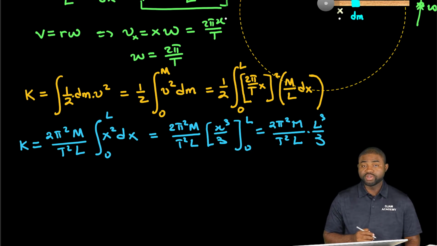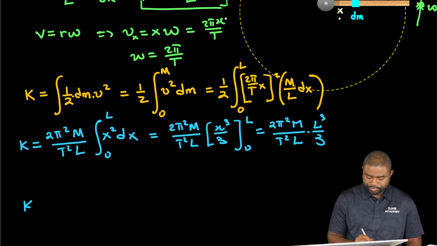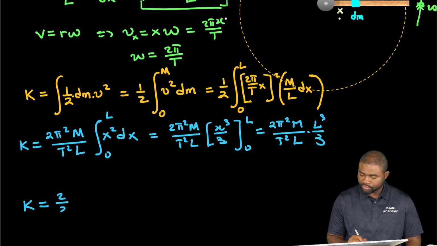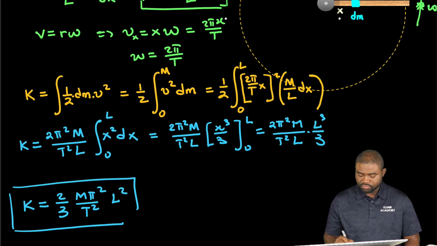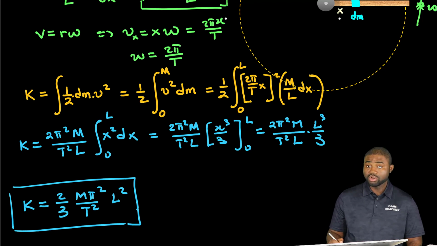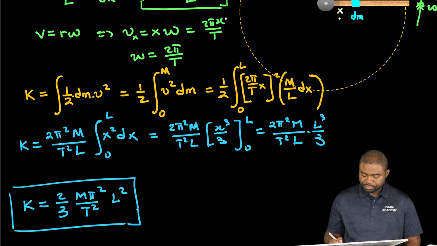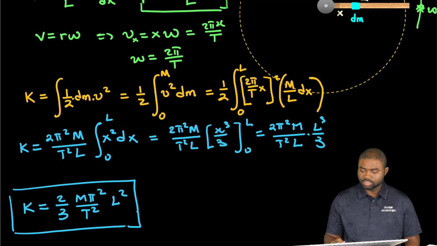So you can simplify this to give us K equal to 2 over 3 M pi squared divided by T squared L squared. Now this is the expression for the kinetic energy of the object.